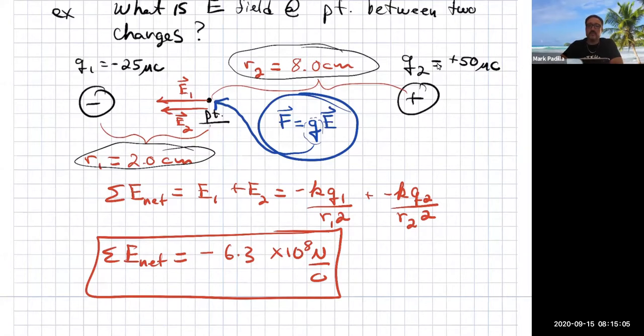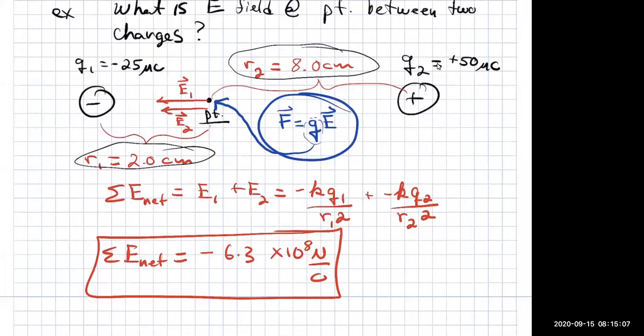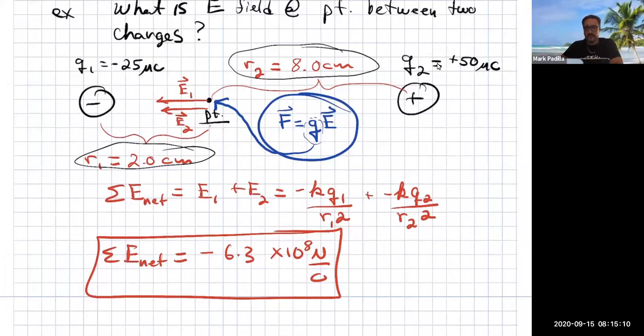If we have our regular number line, to the left would be negative. So if you add E1 plus E2, and we've defined the electric field for point charges to be kQ over R squared, you would just add those two, the sum, to get the net E field at that point.